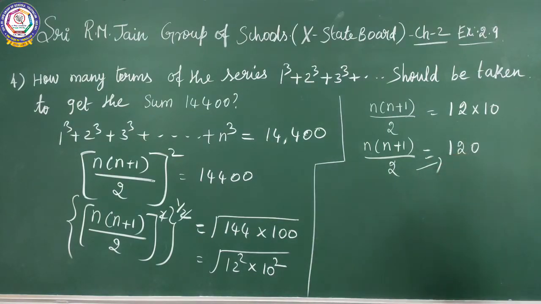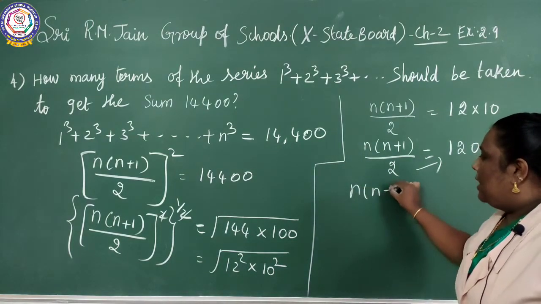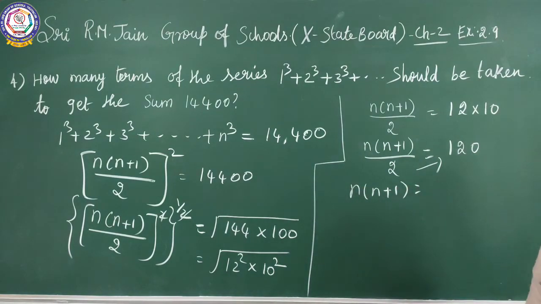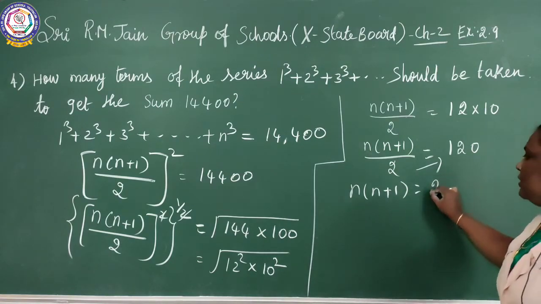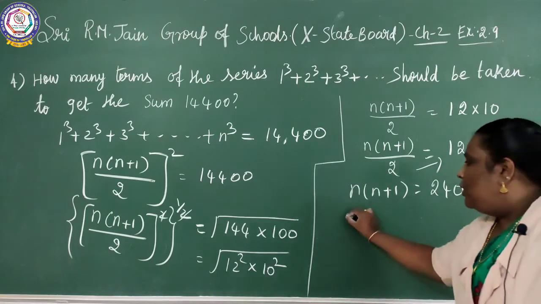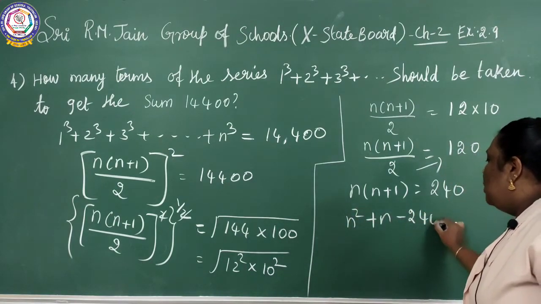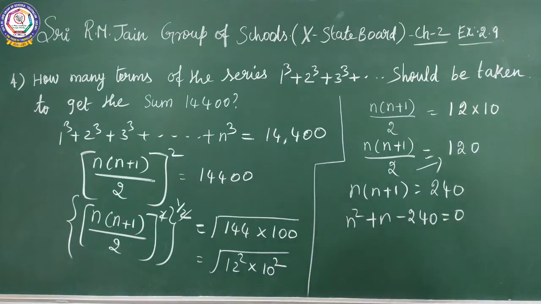So you can multiply the number here. What is the value? n into n plus 1 equals 120 into 2, which is 240. So n square plus n minus 240 equals 0.